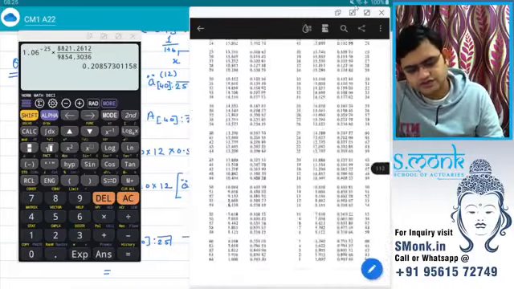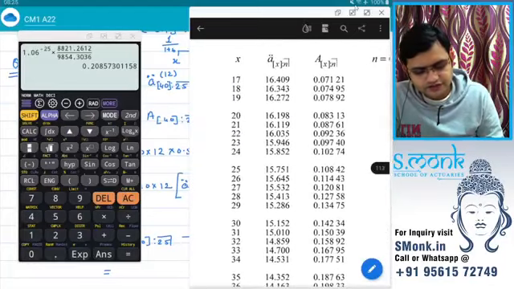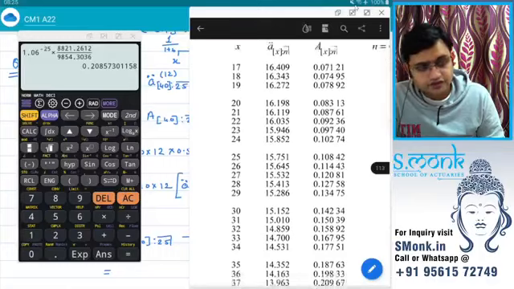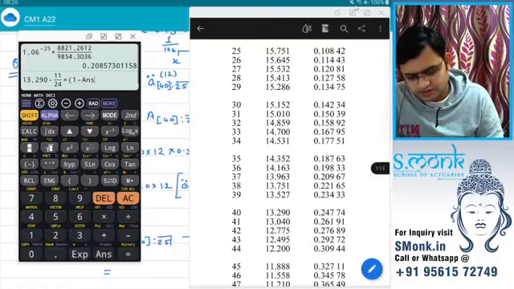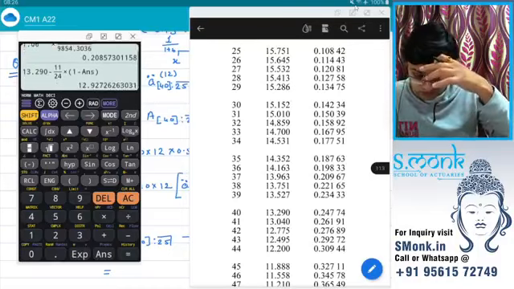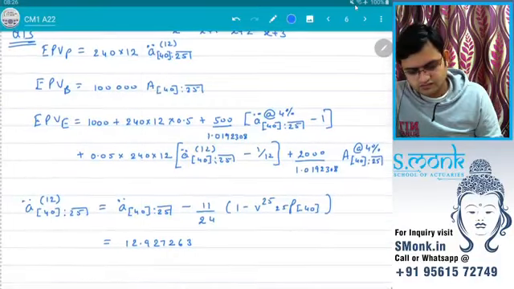This is n equals 65. Here the age we want is 40. 13.290 minus 11 by 24, 1 minus these values.